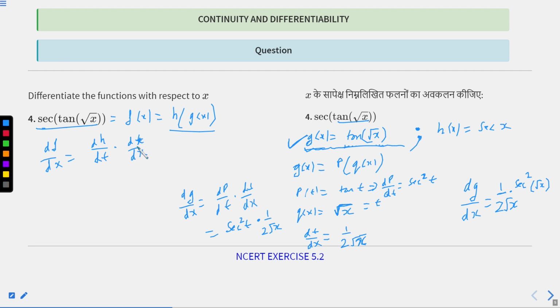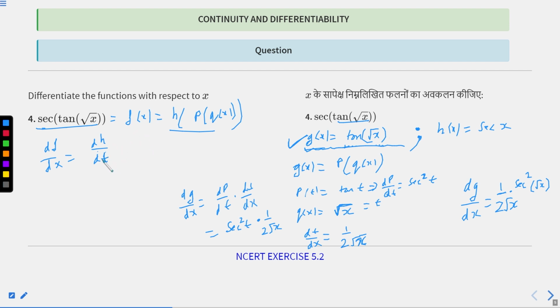Again I will be using the chain rule, since g(x) here is t, and g(x) was again of the form p of q(x).